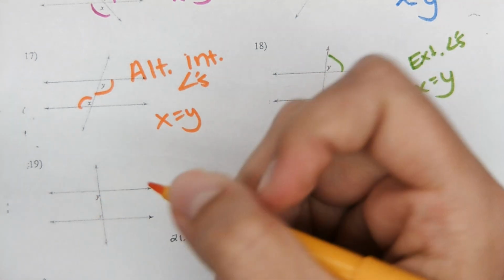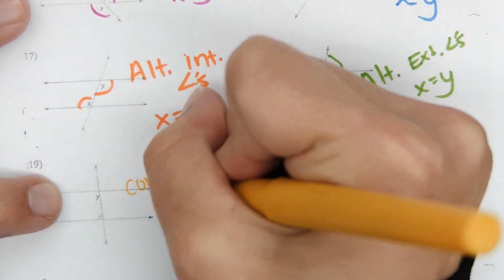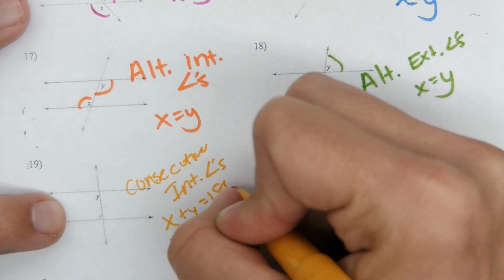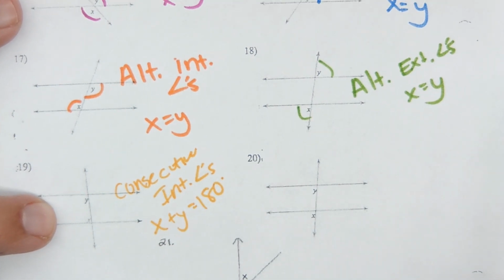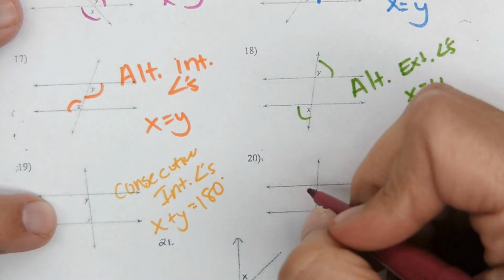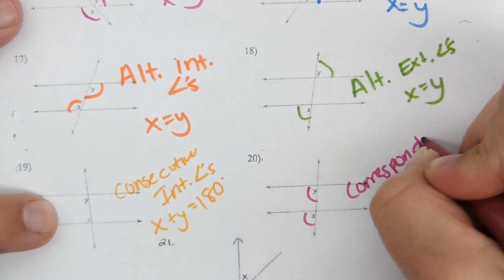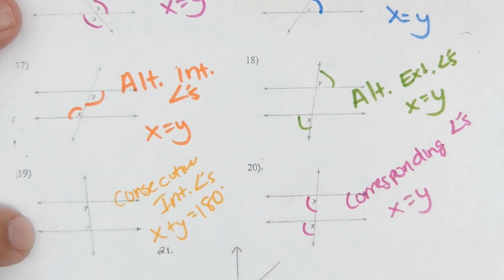And then these two same side interior, consecutive interior angles, x plus y equals 180. Number 20, these are corresponding angles, and they are equal.